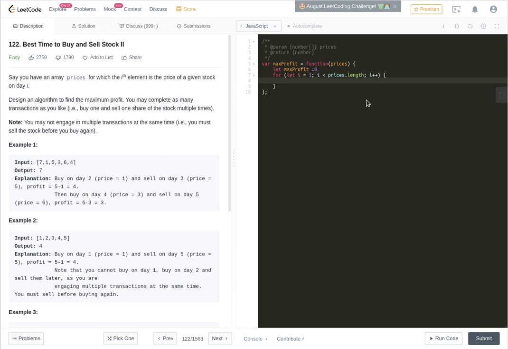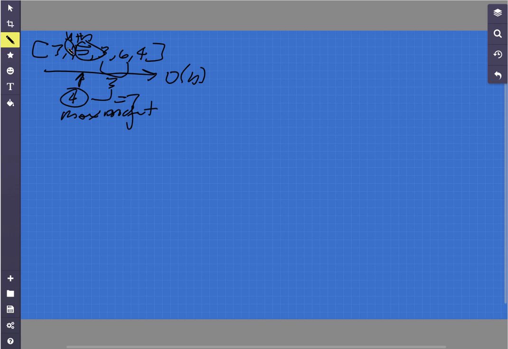So in the for loop, we're going to have just one check. If prices of i is greater than, so if 1 is greater than 7, right?